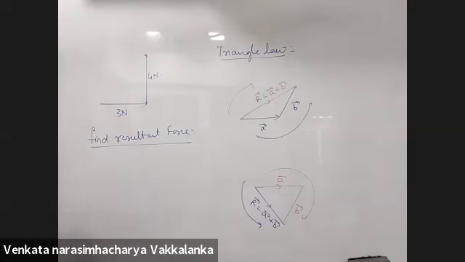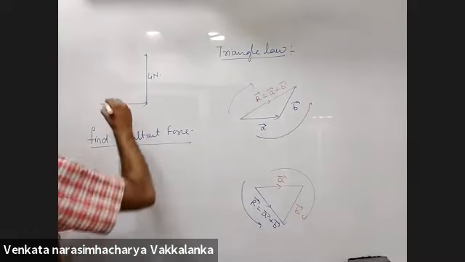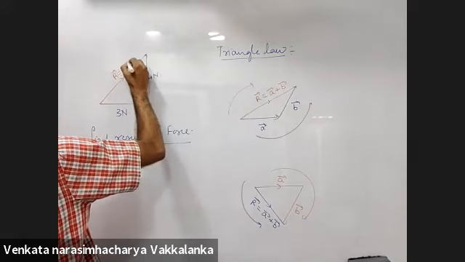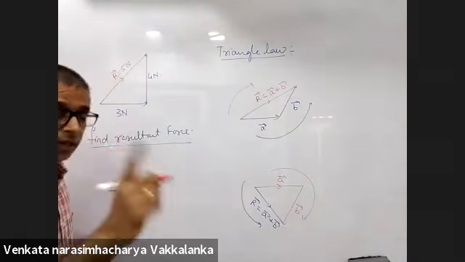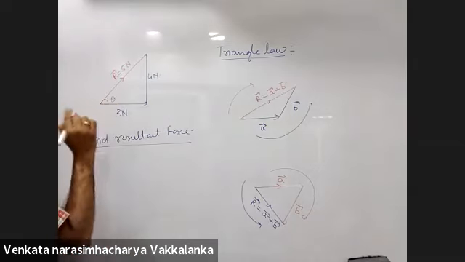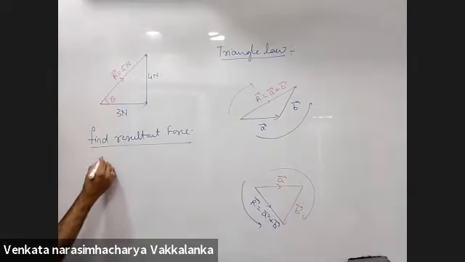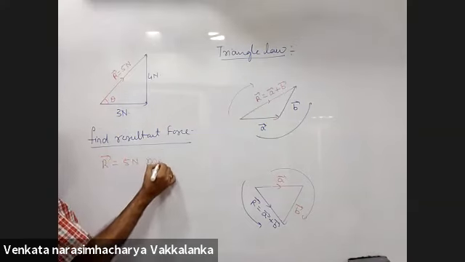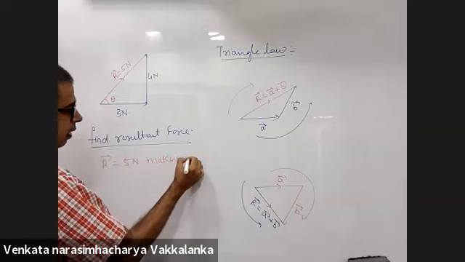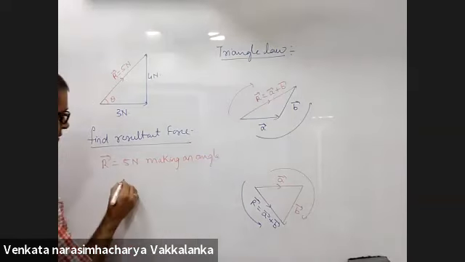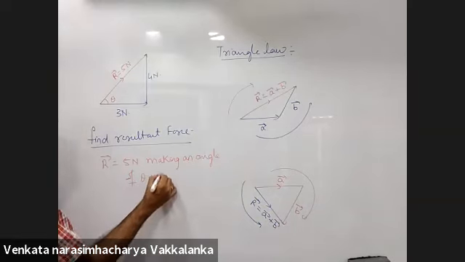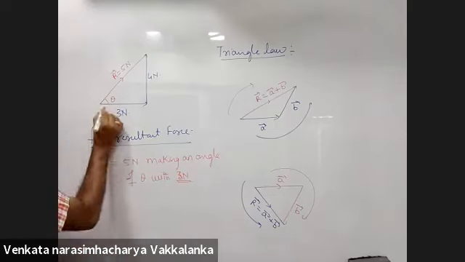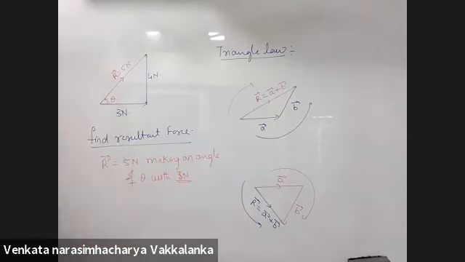And whenever you are reporting a vector, you should report even direction. So this will be the resultant, and resultant is not 7 Newton, it is 5 Newton, making an angle of theta with the 3 Newton force.